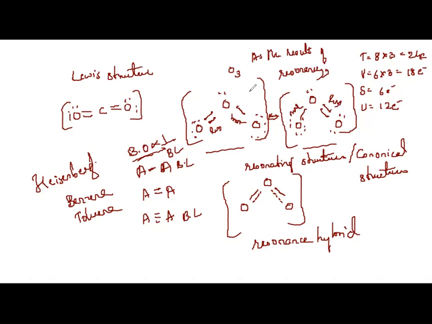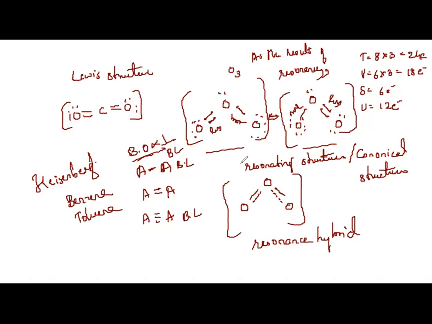The bond lengths will be equal. They will not vary. You cannot say, in case of resonance, that the bond length is different for a single bond and different for a double bond. No, the bond length will be the same. Are you all understanding what I'm trying to say here?